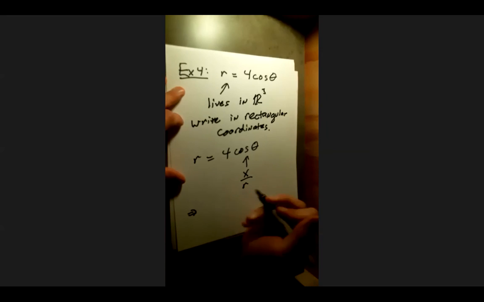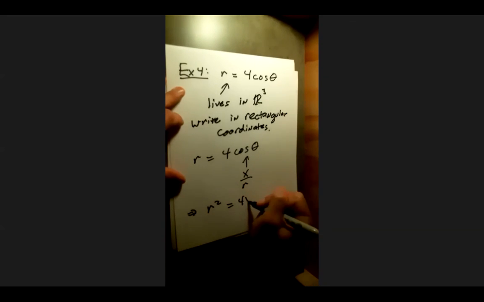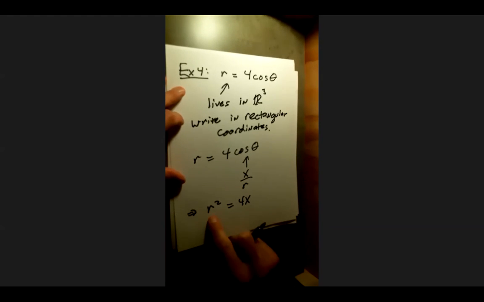Multiplying both sides by r, we get r squared equals 4x. R squared can be rewritten as x squared plus y squared.